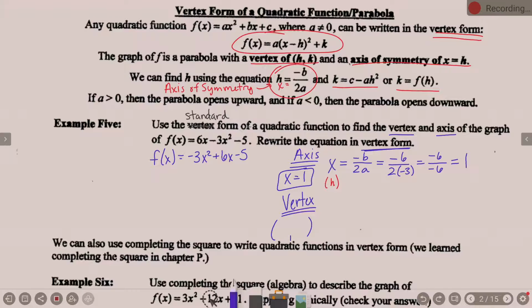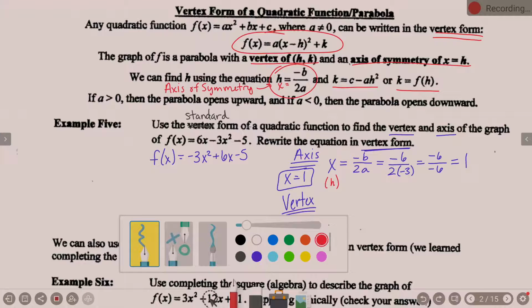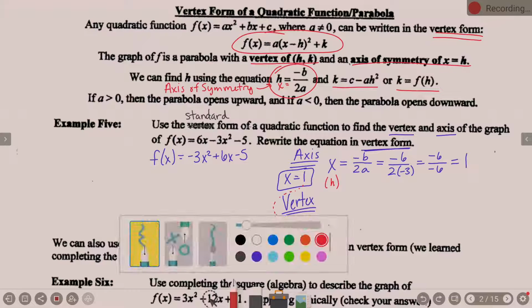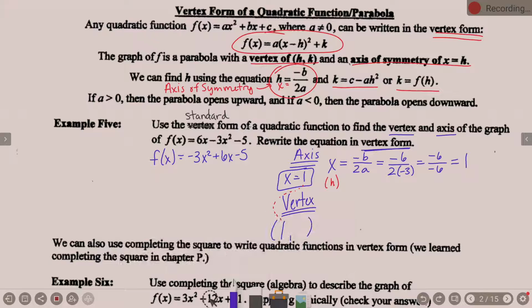At this exact moment, I know my vertex is 1 comma something, right? That is, remember, that's no coincidence. My axis of symmetry is always the first number in my vertex. How do I find the second number of the vertex?